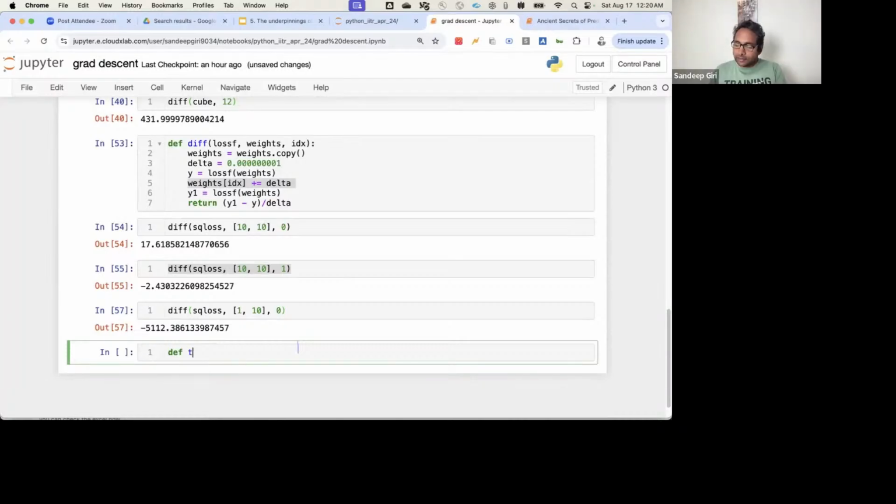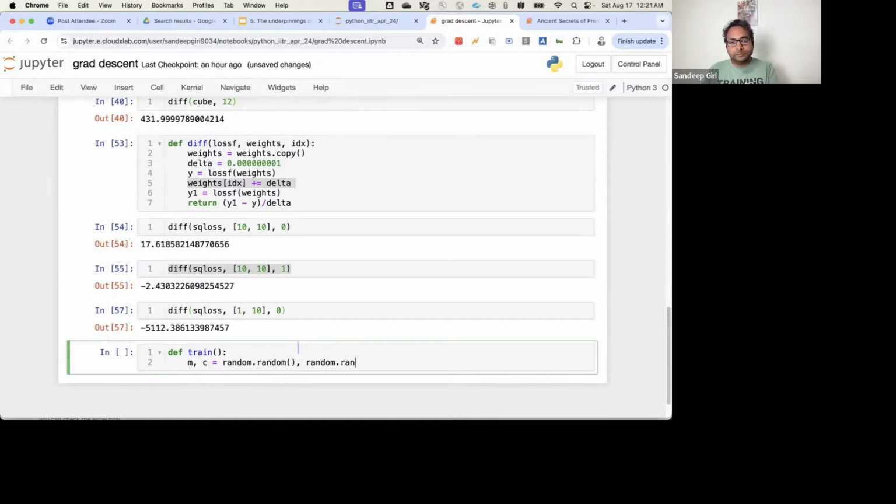Now, let's define our train function. What we're going to do is guess the values of M and C, just random. We just started with random.